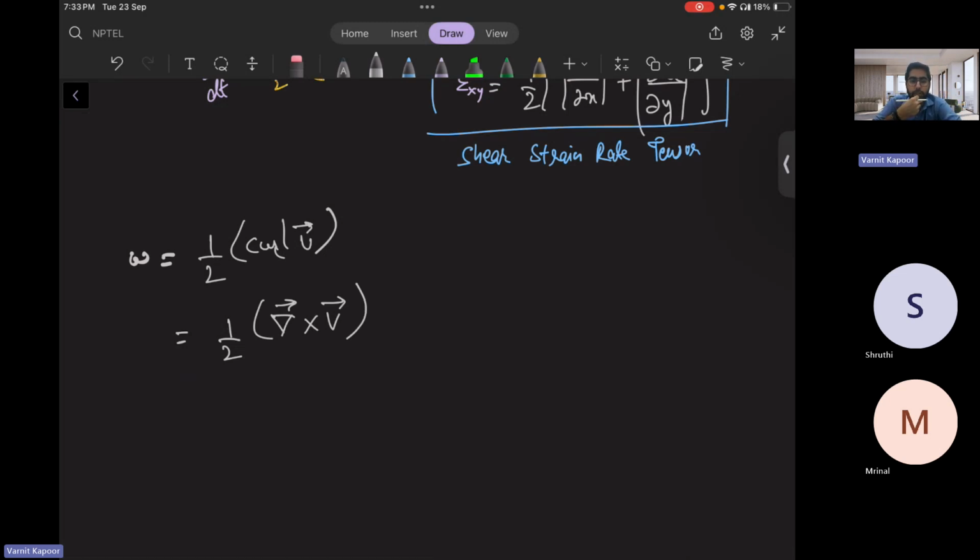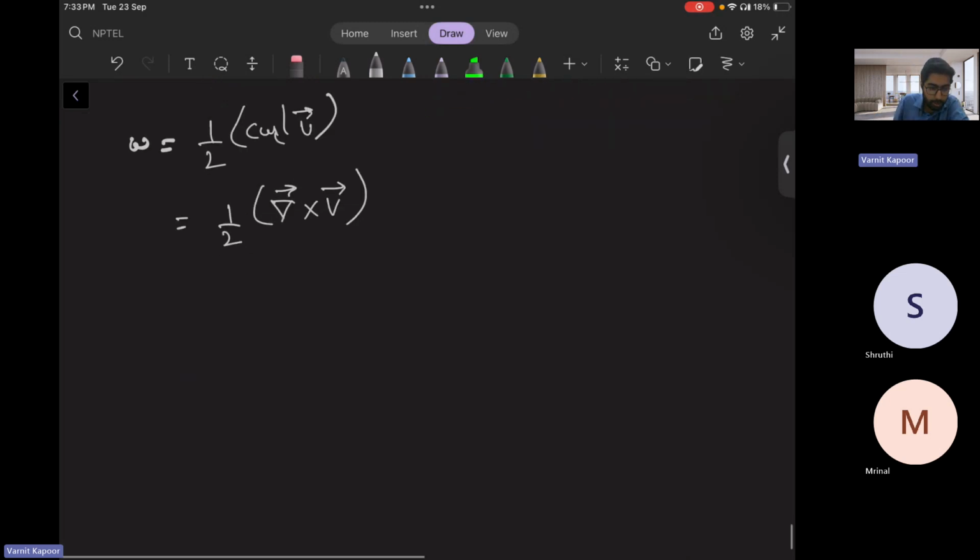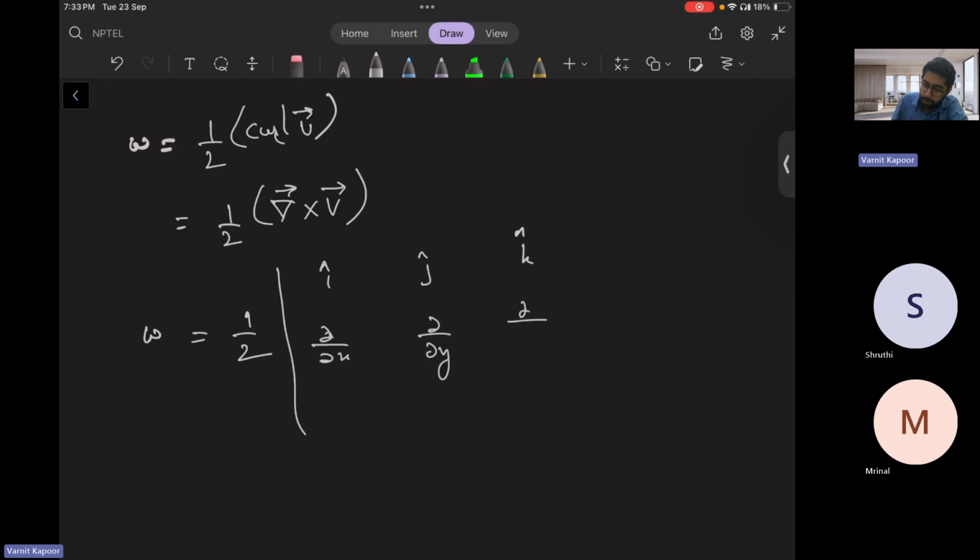Curl is nothing but the cross product of the grad operator and the velocity vector. So how do you solve the cross product? It's nothing but half of the determinant of i j k, dou by dou x, dou by dou y, dou by dou z, u v w.